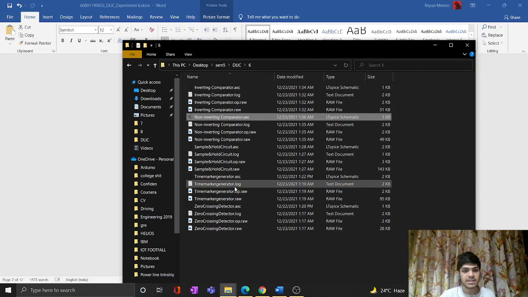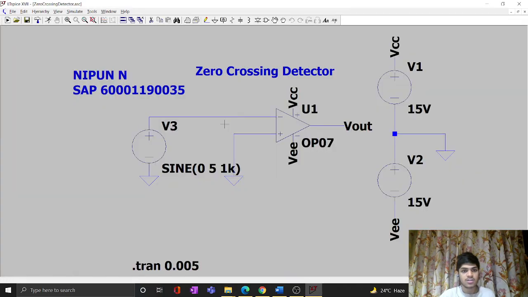So the next application we'll be seeing is the zero crossing detector. The zero crossing detector is nothing but the same comparator, but here we'll be using the V reference as 0. So we'll be using a non-inverting comparator where we'll be using the Vref as 0.